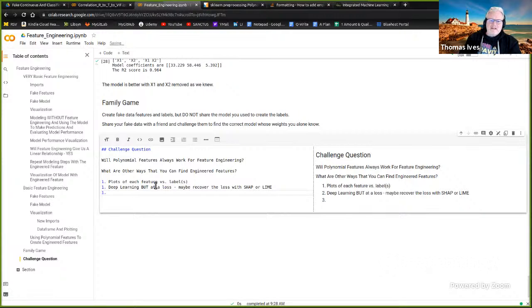Now, does anyone have a last idea? This would be pretty advanced, I think, but maybe not. Just in my mind, I'm thinking of something that would be pretty advanced. Well, you see how we're just kind of indiscriminately, as the orders of magnitude increase for polynomial features, throwing more and more engineered features into the mix, and then we're having to go back to remove the features that aren't valuable.